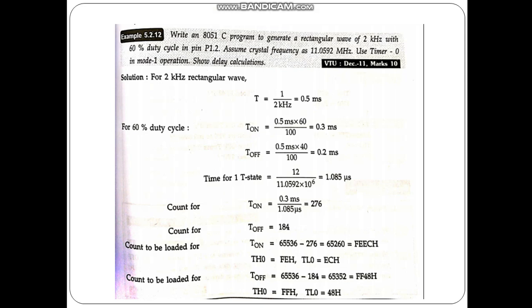Then once again start the timer, continuously monitor the TF0 flag to check if there is any overflow. Once there is an overflow, the timer run control bit and timer overflow flag bit have to be made 0. This is how a rectangular wave of 2 kilohertz and 60% duty cycle is generated.